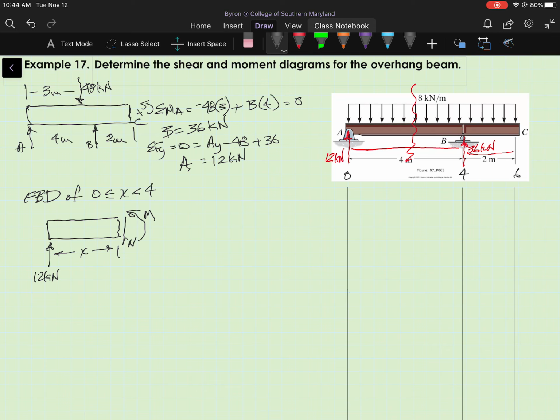So my distributed load is going to act at the center of that segment of the beam, and its magnitude is going to be 8 times x kilonewtons.